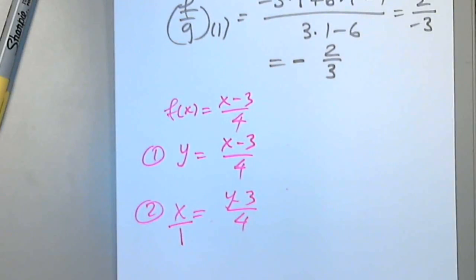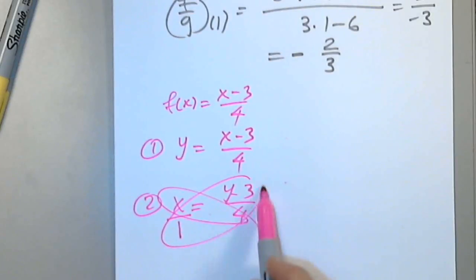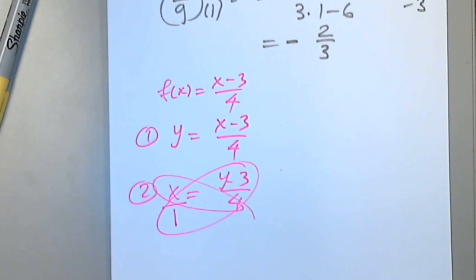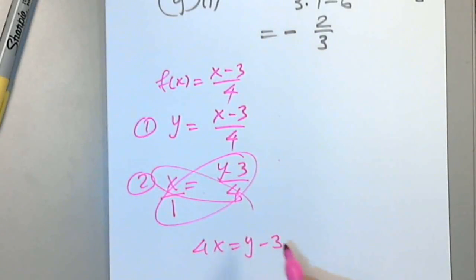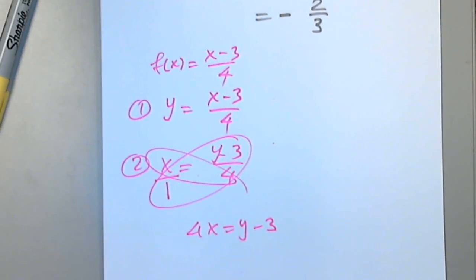This is nothing else but a proportion. So we cross multiply, or you can say you multiply both sides by 4, same thing. So we have 4x equals y minus 3. In order to solve for y, I will have to add 3 to both sides. So y equals 4x plus 3.